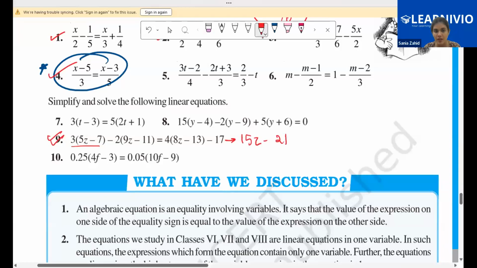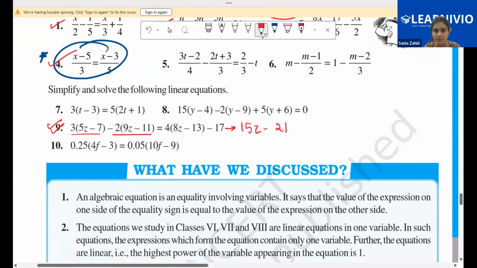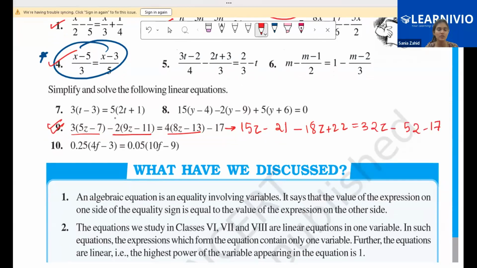Okay. Then what do I get for this term? Harmeen? We get minus 18z plus 22. Very good. Now, Duha, what do I get for here? Ma'am, we get 32z minus 52, and then minus 17 is left. Okay, next, what should I do, Mustafa?